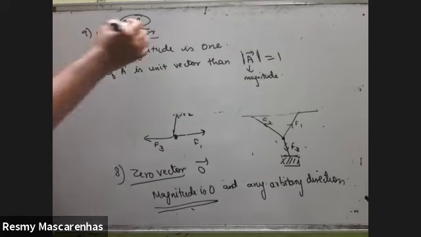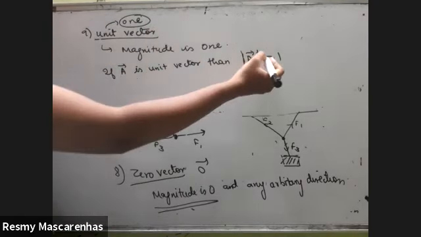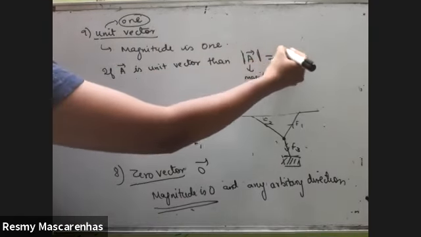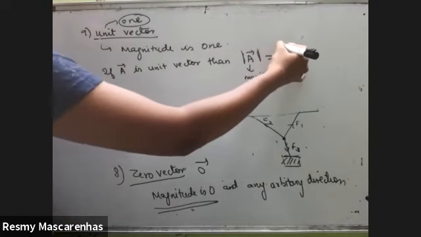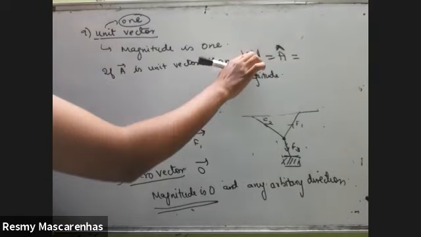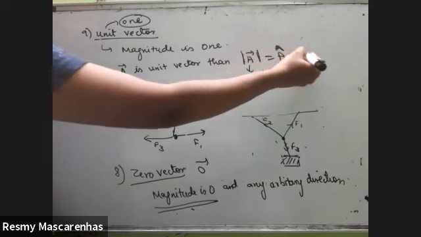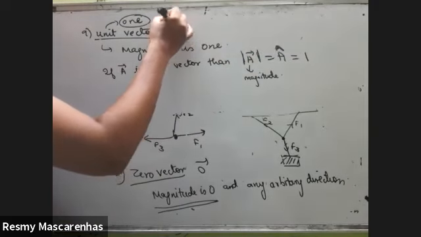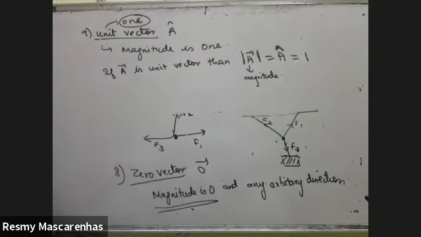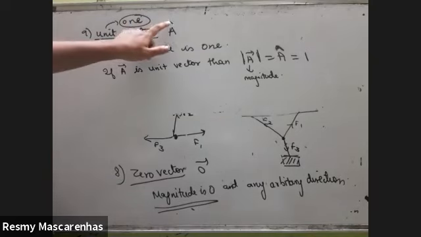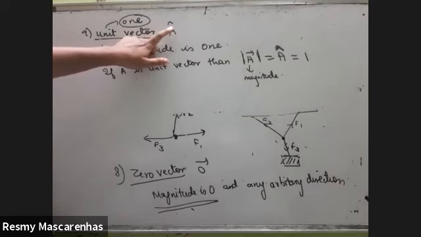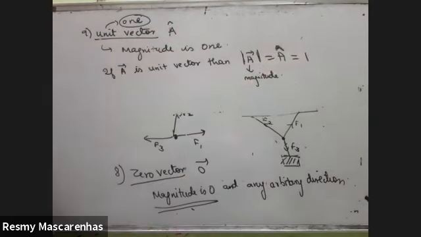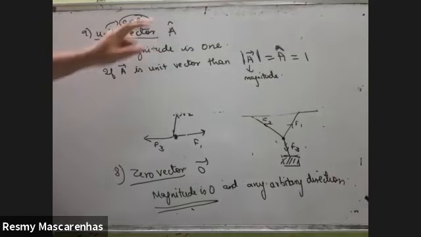And it is usually indicated by, you can put like this also, a cap. The arrow becomes like a cap for a unit vector. So the moment you see this cap on any letter, you know that its value is 1. Because only unit vectors will have a cap on their head.